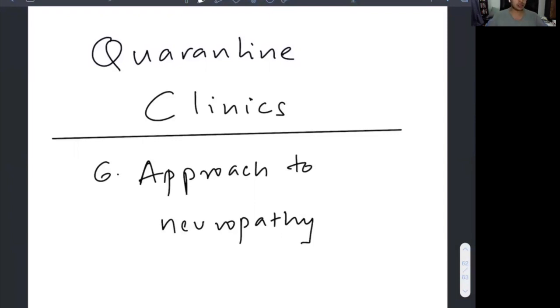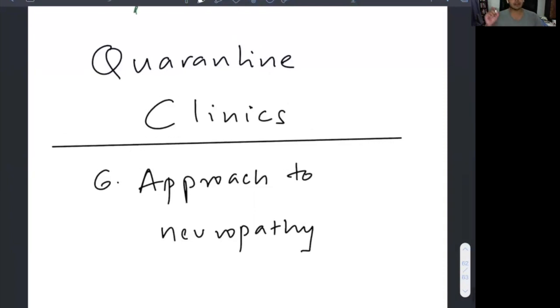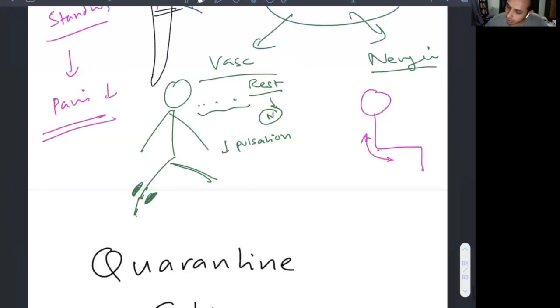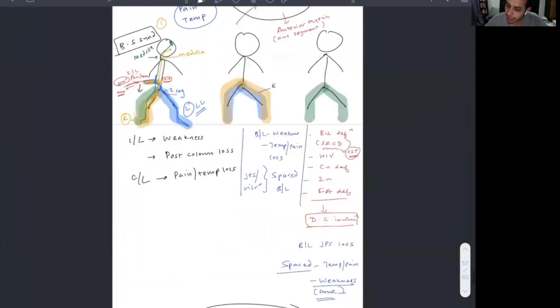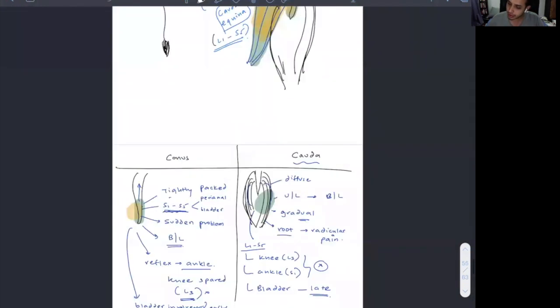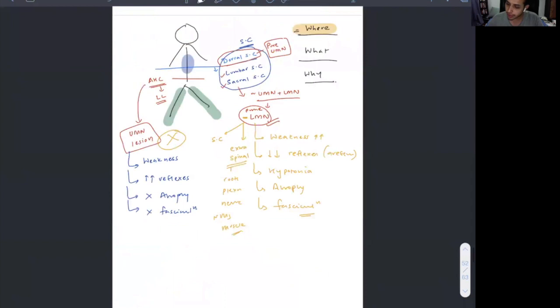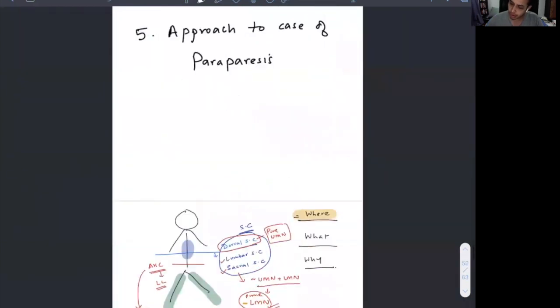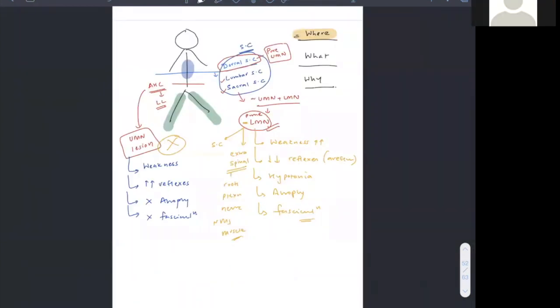So today we'll be talking about neuropathy. We'll briefly go through what we studied yesterday. Yesterday we did paraparesis, and we started off by talking about what kind of lesions can cause paraparesis. We spoke about how it could be an upper motor neuron lesion or a lower motor neuron lesion.